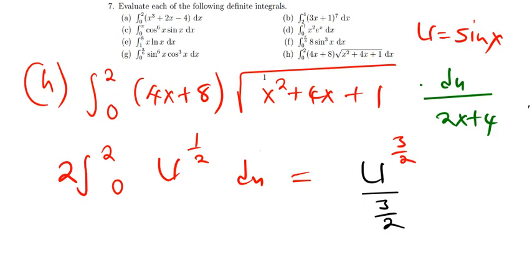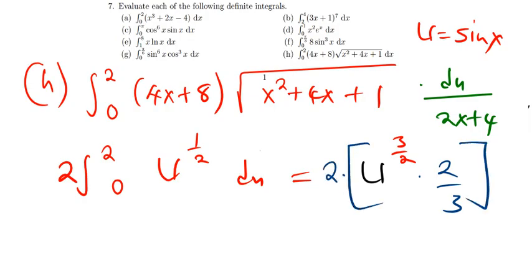Dividing by 3 over 2, I prefer multiplying by 2 over 3, the reciprocal of it. Then don't forget that we had our 2 there outside. This is all going to be with 2 and 0 as our bounds, and then we just have our 2 there.